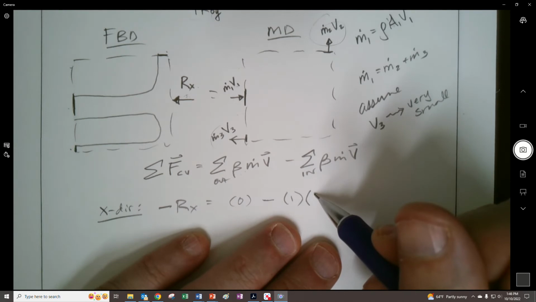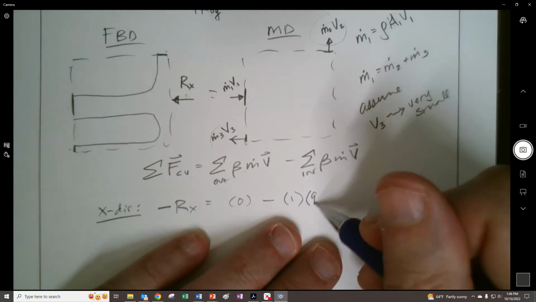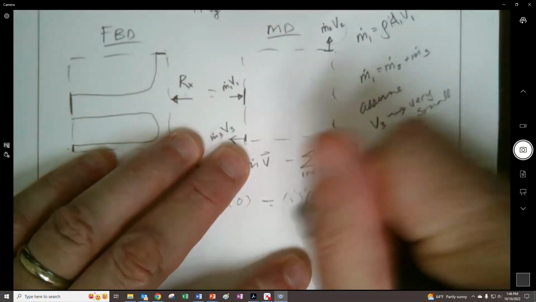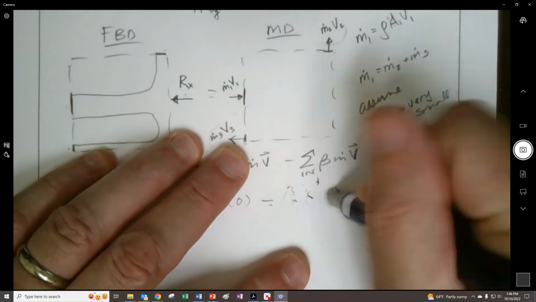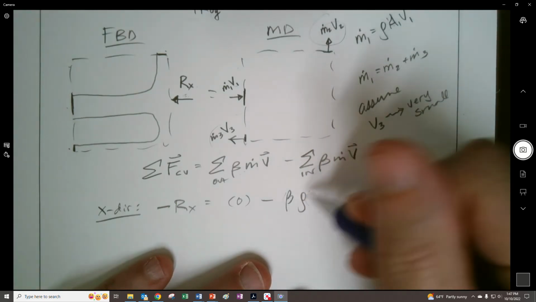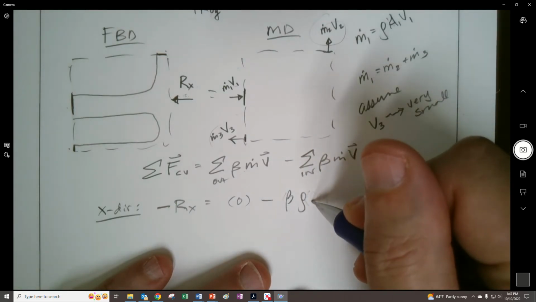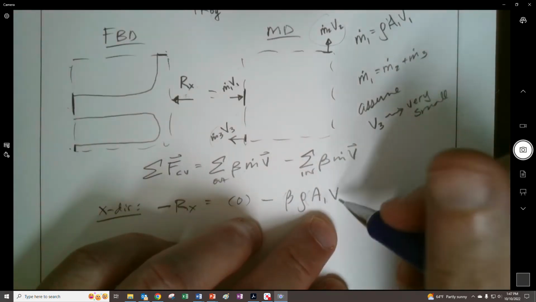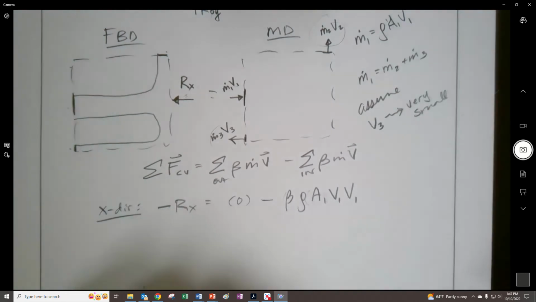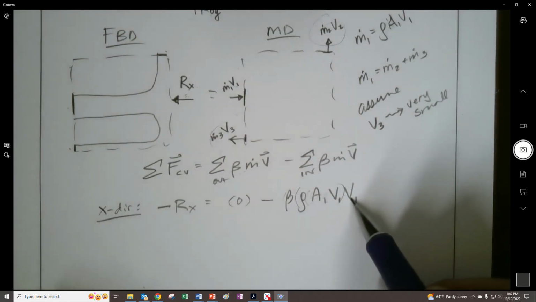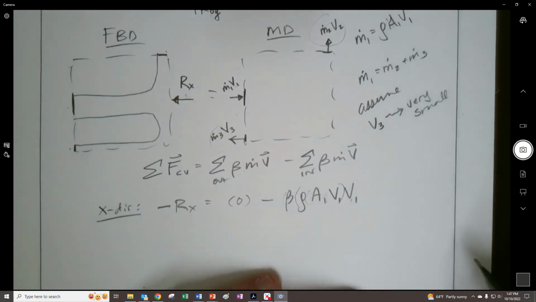So that's going to be 999. Ooh, I know what I did here. Let me go back. I liked how I did this. Let me keep it as values. So I went beta rho A1 V1 V1, right? Because that right there was the m dot, and that one right there is the velocity onto the thing.